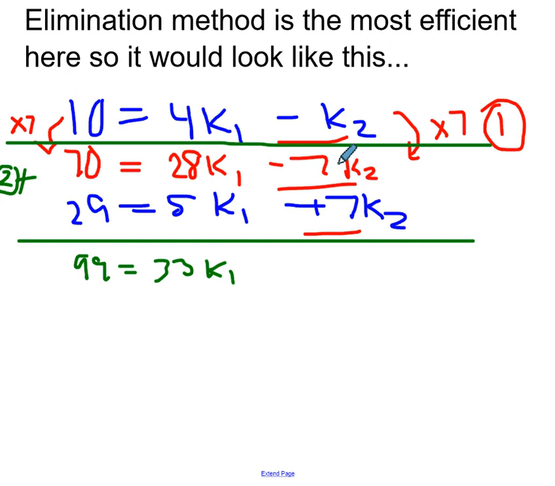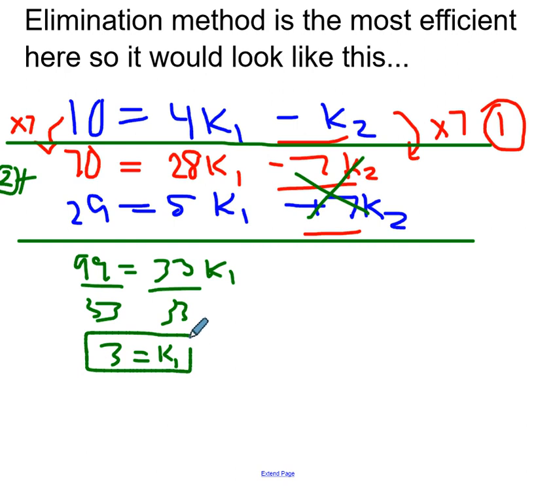And what happened to my k2? They cancel out. I have 0. So you can write plus 0 k2, but really you don't have to. So here, very easy to find your k1. You divide by 33 on both sides. So you have 3 is equal to your k1. There we go. We're already done for the first one.